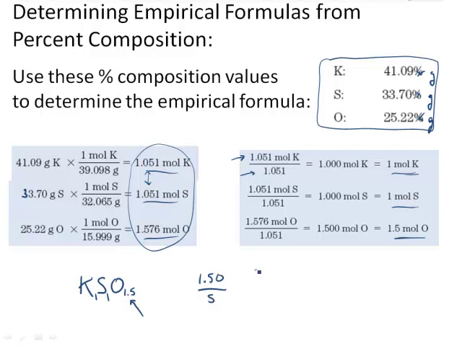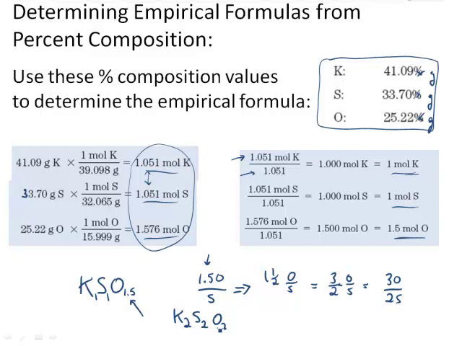And so what you do is you convert that into a fraction, so it's 1.5 oxygens per sulfur, which is the same thing as 3/2 oxygens per sulfur, which means you have 3 oxygens for every 2 sulfurs. And the same thing is for potassium, so the formula then would be K2S2O3. That's how you get a formula from that.